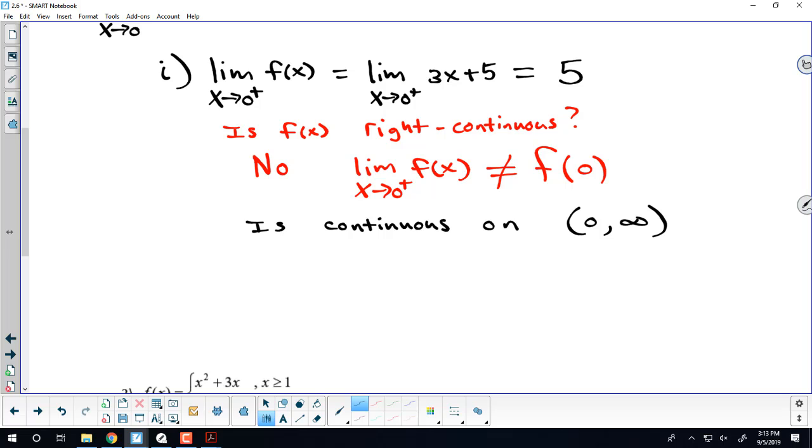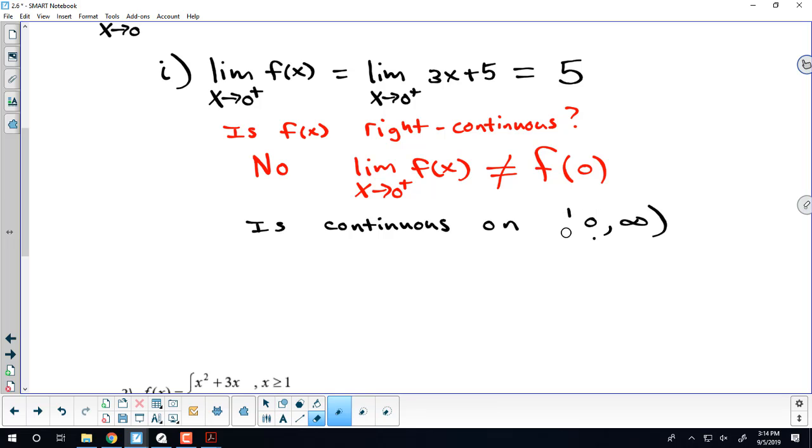So we can't include that 0 as part of the interval of continuity because the function isn't continuous there. If it was continuous from the right, in other words, if this limit as we approach 0 from the right came out to be 1, the only change we would make is this right here. If it is continuous from the right, you have a bracket. If it's not continuous from the right or the left, then you have a parenthesis. That's really what that is equating to.